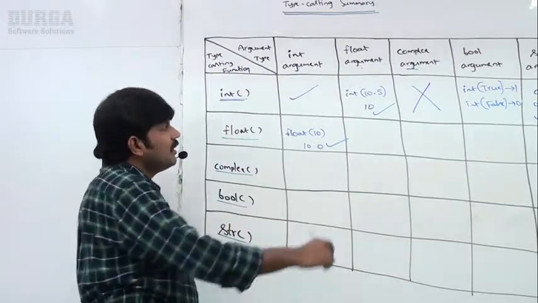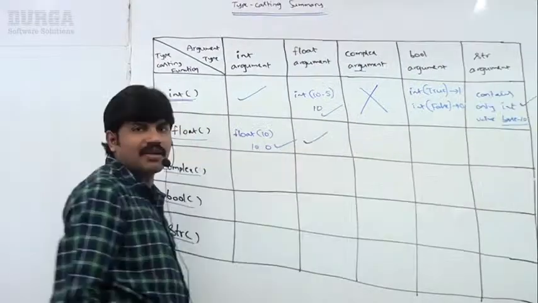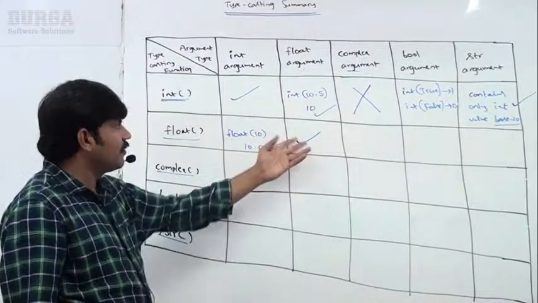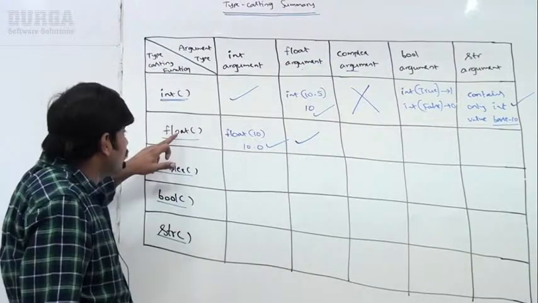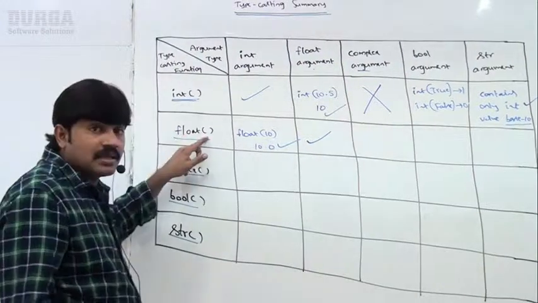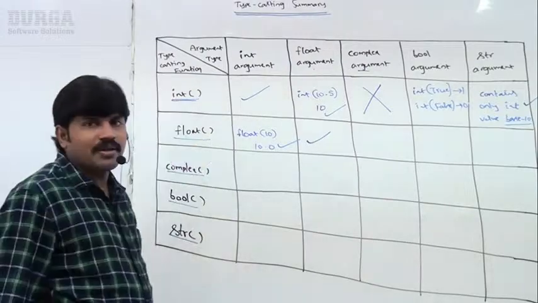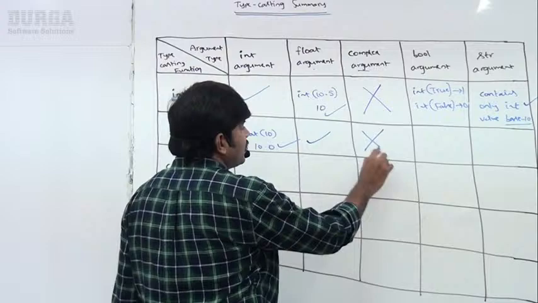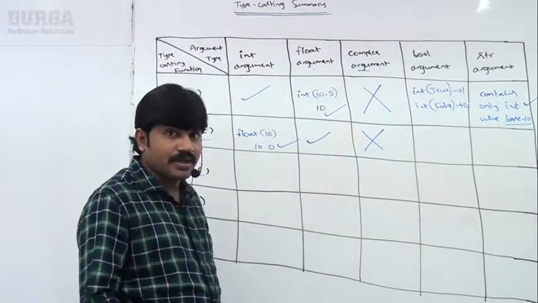Next, a float argument to float, of course possible, no need to use the typecasting function, it is already float. Next, I want to convert a complex number to float type using the float function. Sorry man, complex to float conversion is not possible. If you try that, we are going to get a type error.